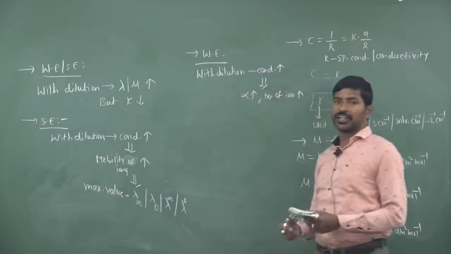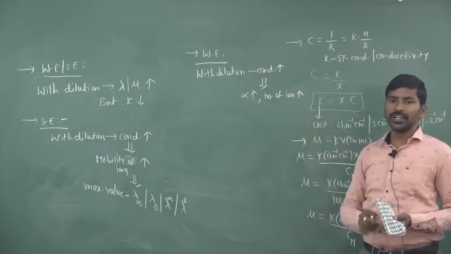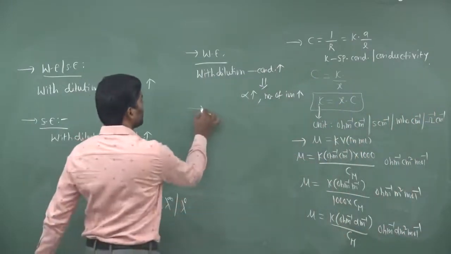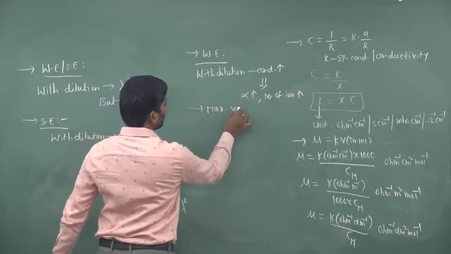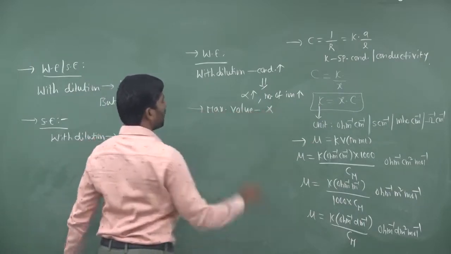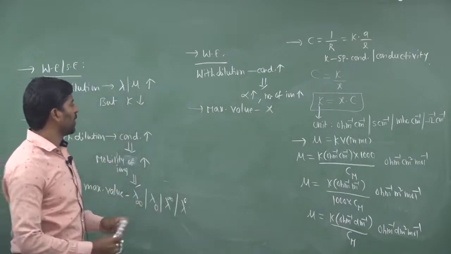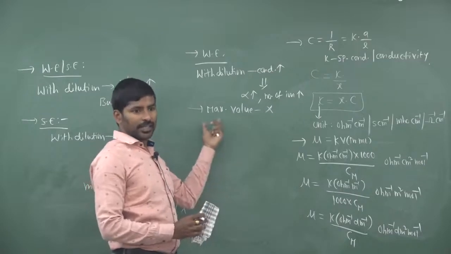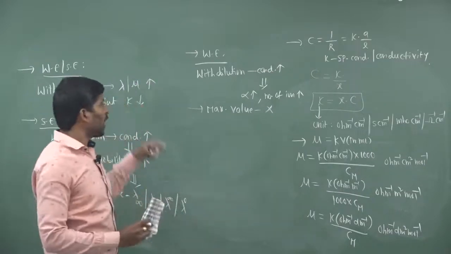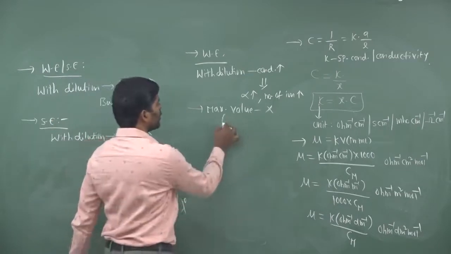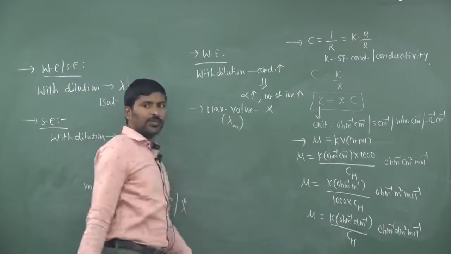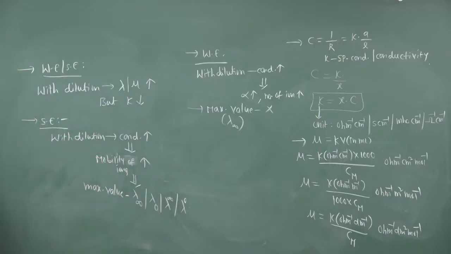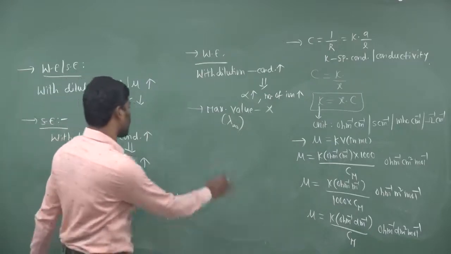As the degree of ionization increases, conductivity increases, but it doesn't reach a maximum value, so the maximum value cannot be determined experimentally. Lambda infinity of weak electrolytes we cannot determine experimentally, but we can determine it by using Kohlrausch law.